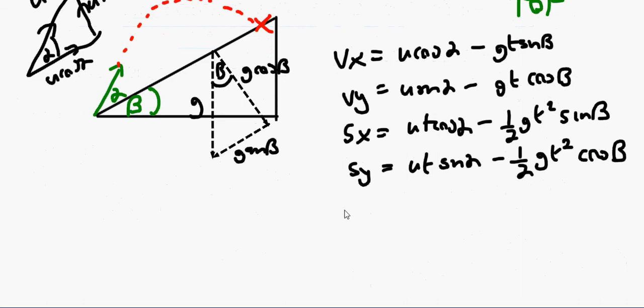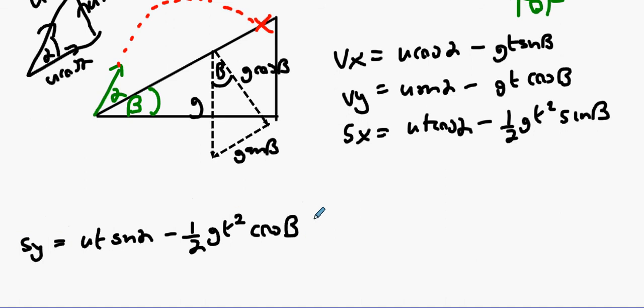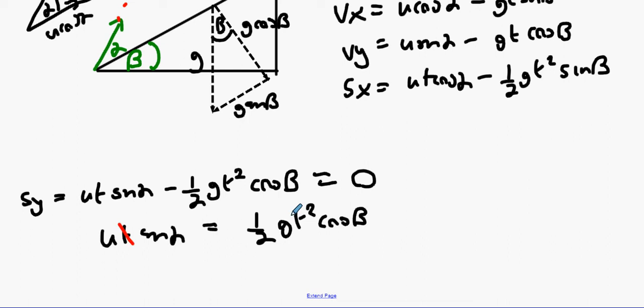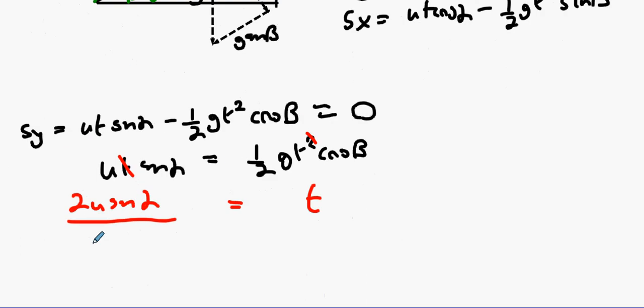Bring it over to the other side, so we get ut sine alpha equals a half g t squared cos beta. Cancel the t's. T on its own should be 2u sine alpha over g cos beta. Okay.